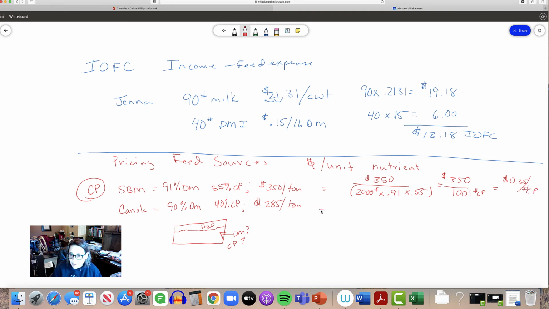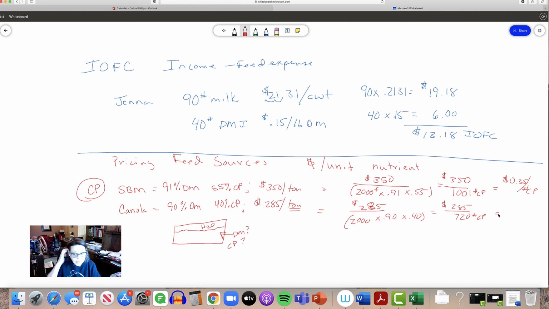If we do the same for the canola meal, we take the $285 divided by, again, we're working in 2,000 pounds because the units are tons, times 0.90 times 0.40. What you should see is that we're going to get less protein out of this because it's 40% versus 55%. 2,000 times 0.9 times 0.4 equals 720 pounds of crude protein.